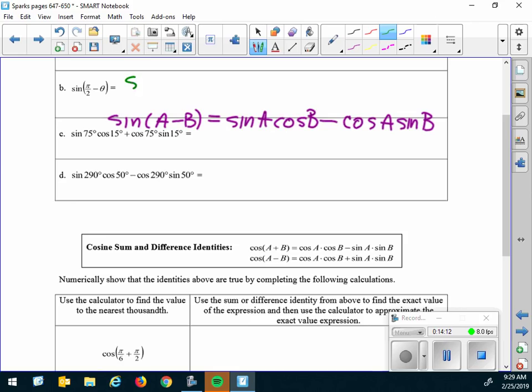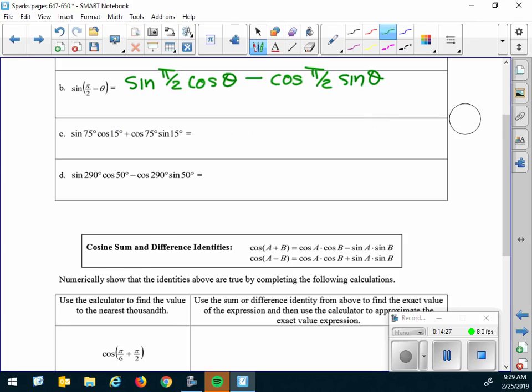So this is going to be sine of pi over 2 cosine of theta minus cosine of pi over 2 sine of theta. Well, I know the sine of pi over 2 is 1. So this is cosine theta. The cosine of pi over 2 is 0. So the sine of pi over 2 minus theta is cosine theta.